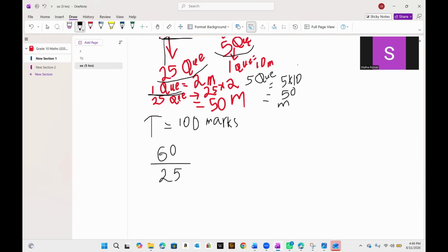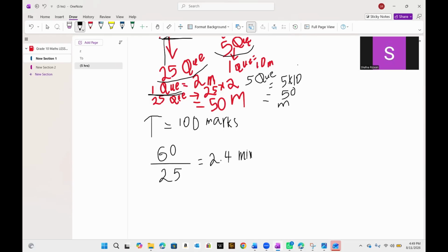That means divide 60 by 25. Then how much will you get for one question? You will get around 2.4 minutes.